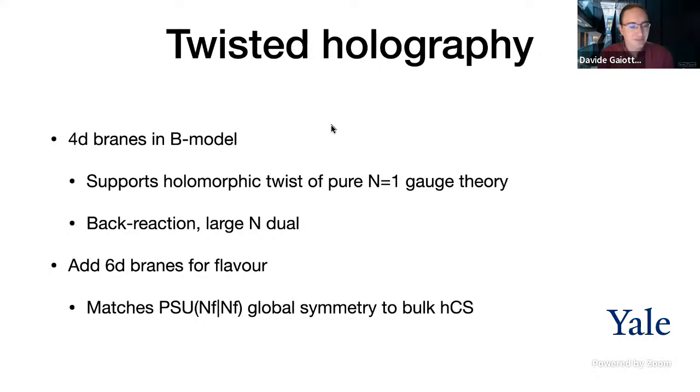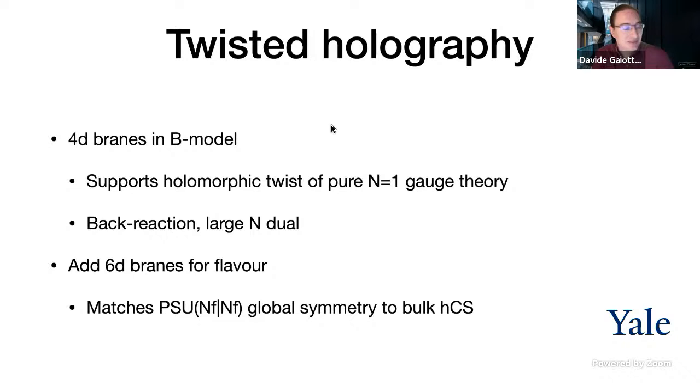This holomorphic BF theory lives on 4-dimensional branes in C^3 in the B model. If you backreact the 4-dimensional branes in the B model, you get a background which is holographically dual to the holomorphic factorization algebra. At large N, you should be able to do calculations on both sides and find factorization algebras which match, with 1/N corrections, at least in perturbation theory in 1/N.